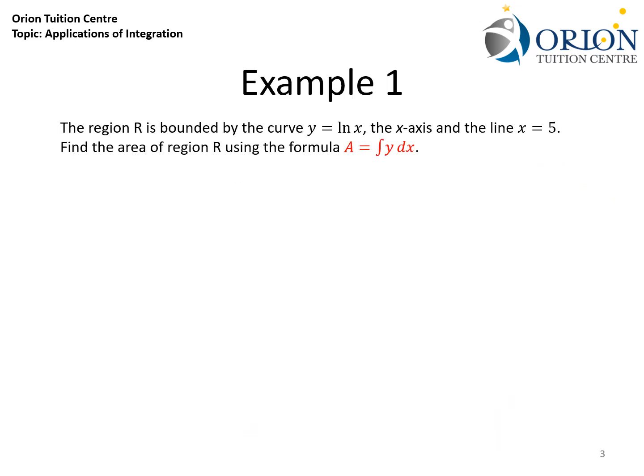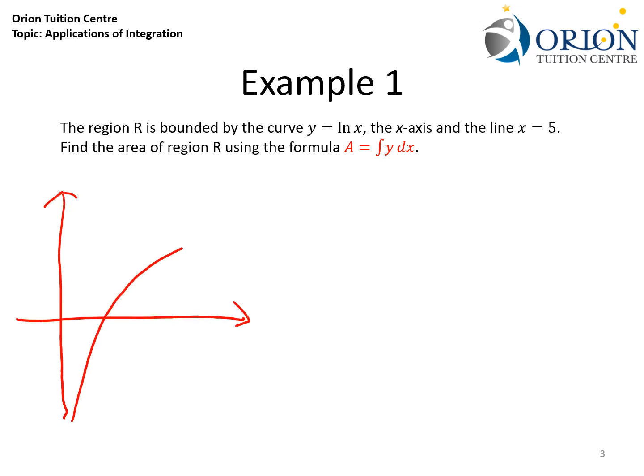Example 1, we are told that the region is bounded by the graph y equals ln x, the x-axis, and x equals 5. If we draw the graph out, it will look something like this. The region that we are interested in will be bounded between this x-intercept, which is at x equals 1, and the vertical line x equals 5, and this shaded region is where we are interested in.